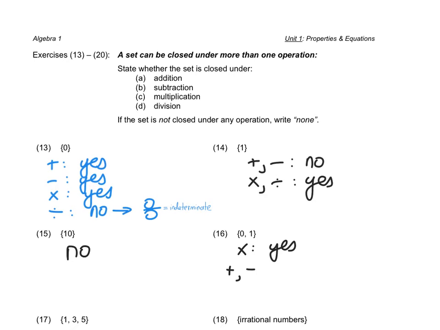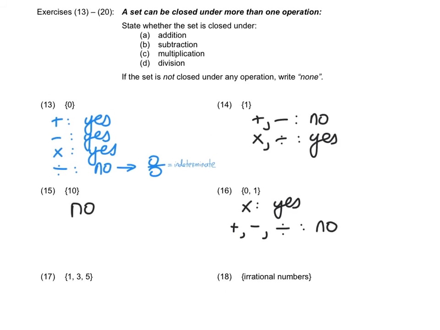Addition, subtraction, division, no. Again, remember, you can repeat values. So 1 plus 1 would give you 2, and something like 0 minus 1 would give you a negative 1. Division, anytime there's a 0 in the set, division isn't going to bear out as a closed set because it's always going to include something that's either undefined or indeterminate.